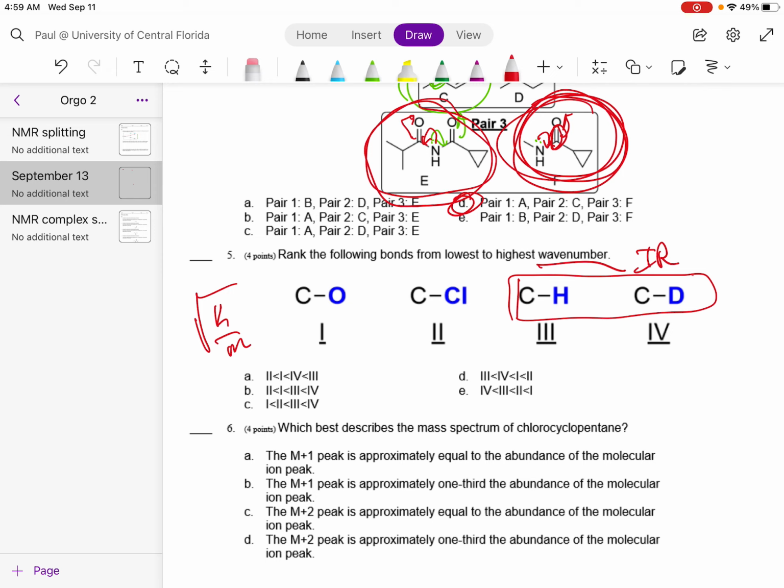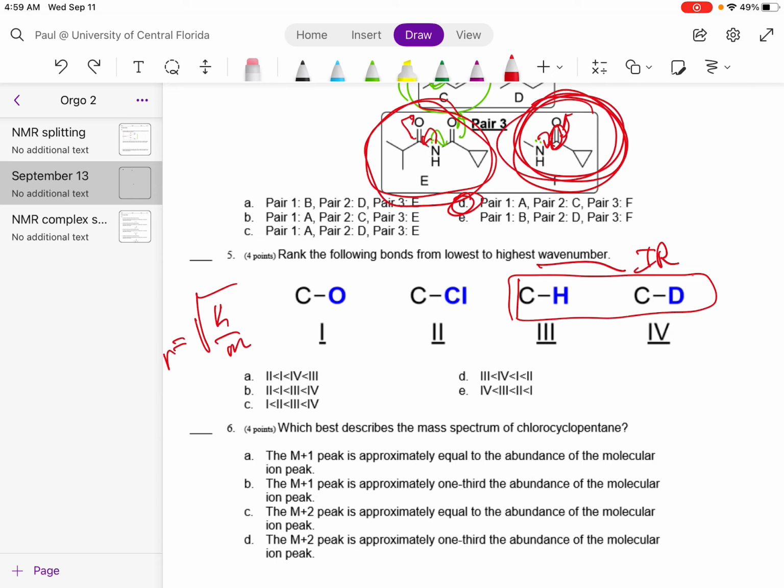Well, D is deuterium, which is an isotope of hydrogen, so that's going to be heavier than hydrogen. So the m value right here is going to get larger. And what's that going to do to the frequency or the wave number? Make it smaller. A larger number in the denominator makes the value smaller.